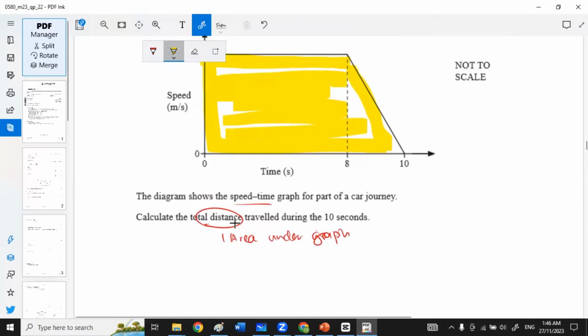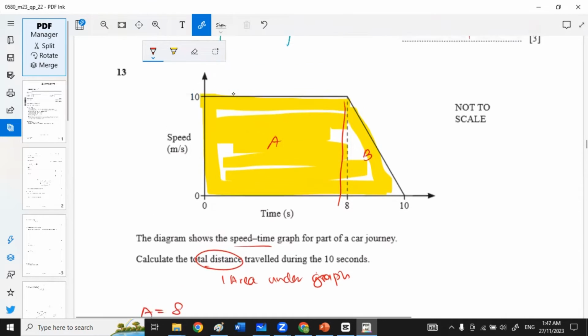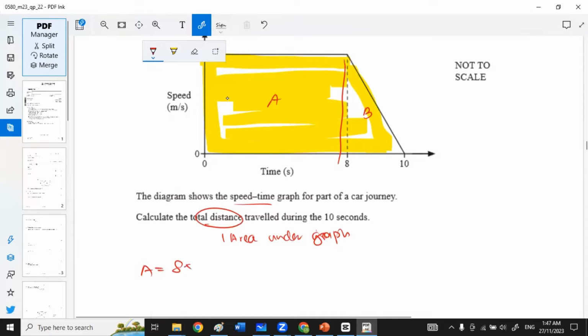Calculate this. If you can remember the trapezium formula, then it will be easier. But if you cannot, then you just split it into two: A and B. So A is equal to 8 times 10, that equals 80.